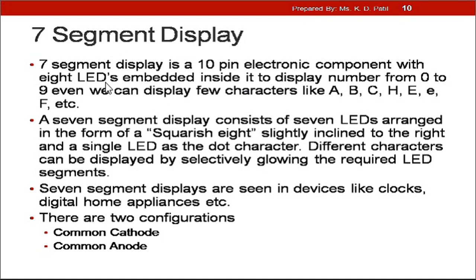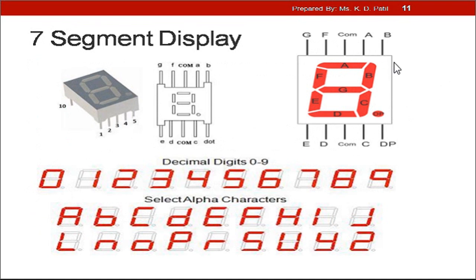First, let us understand how the 7-segment display works. A 7-segment display consists of 7 LEDs arranged in the form of a squarish 8 slightly inclined to the right, and a single LED as a dot character. If you observe this figure, you can see that there are a total of 8 LEDs, and out of those 8 LEDs, 7 LEDs make this number, or you can say character.